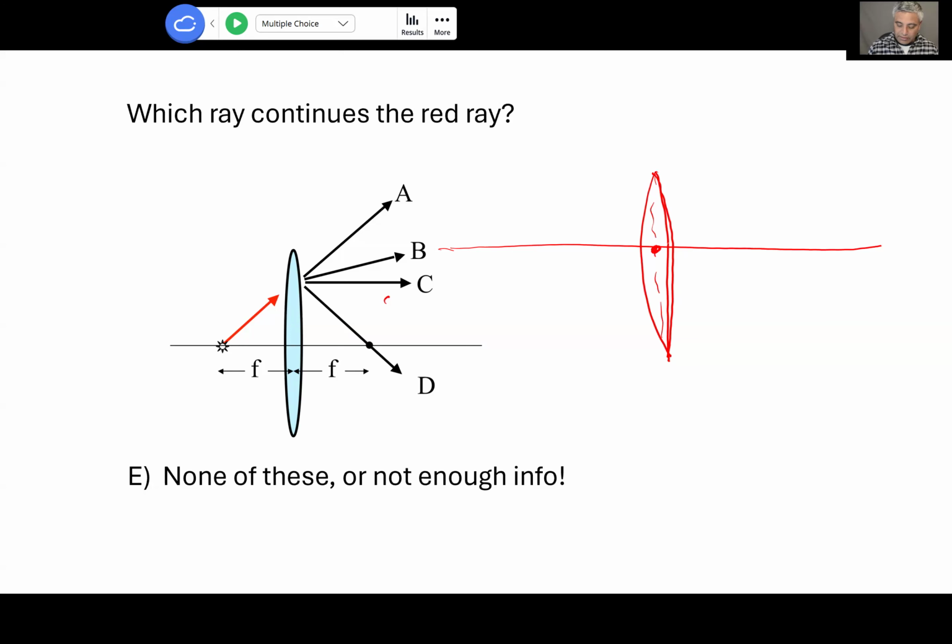So this is the center of the lens. Let's say the focus is here and the focus is here, and the object is over there, a bit away from the focus. Where is the image going to be?